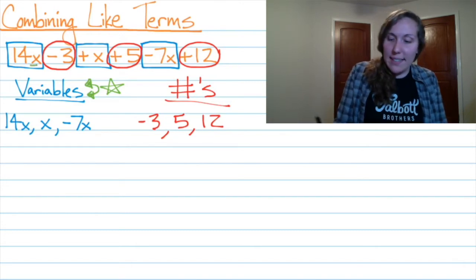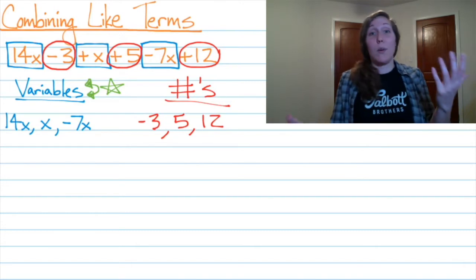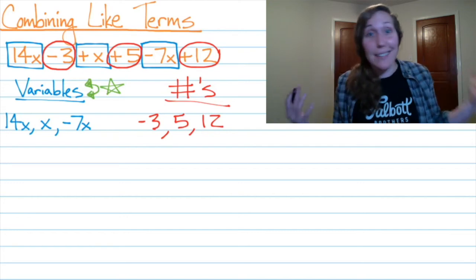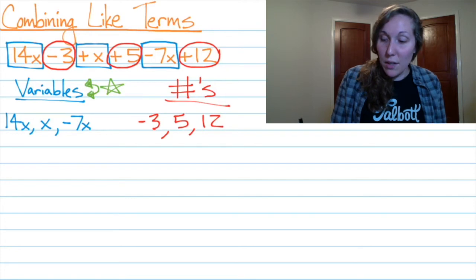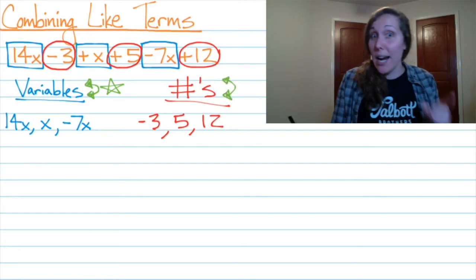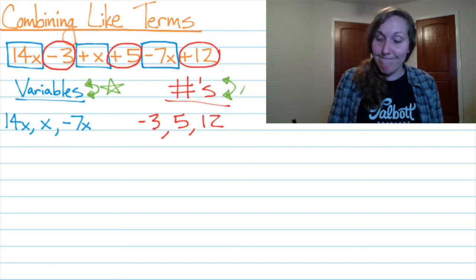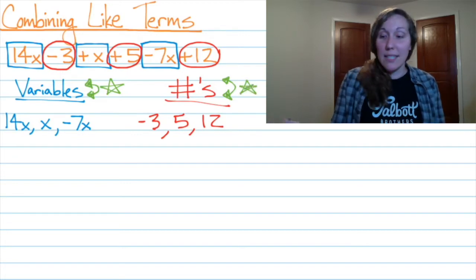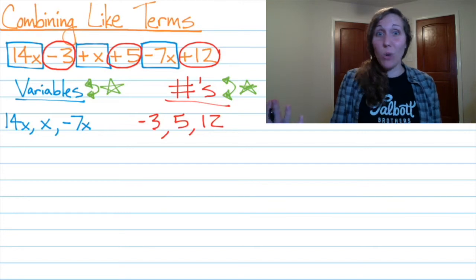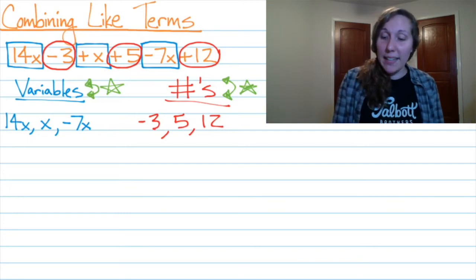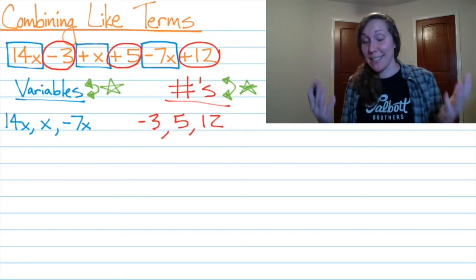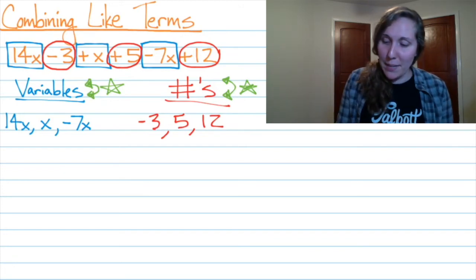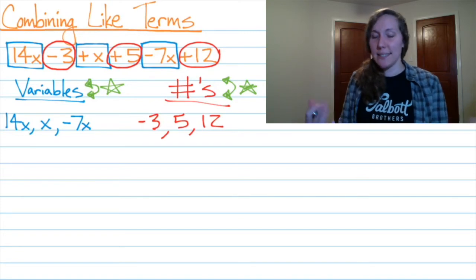So if this is an x, it's got to be another x. If it's a y, it's got to be a y. If it's an n, it's got to be an n. And the same thing, you guessed it, you can only combine a number with another number. That's the rule. That's the whole lesson. That's why they're called like terms. Make sense now? You can only combine them if they are alike, okay?